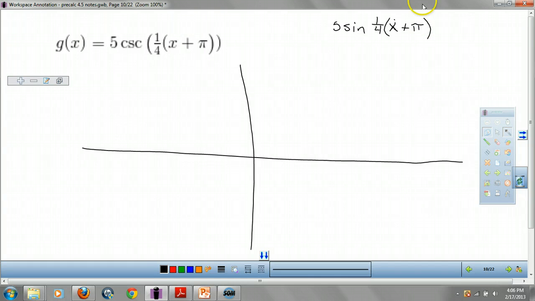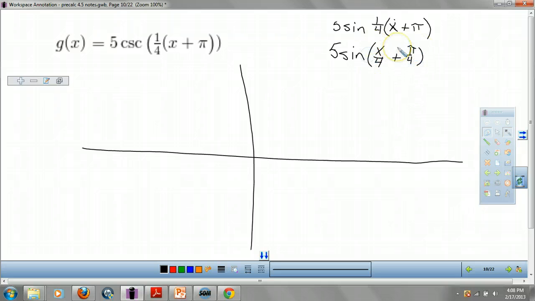Okay? I'm going to finagle this even a little bit more. I'm going to change this into 5 sine of x over 4 plus pi over 4. Okay, so I got shift and amp change.